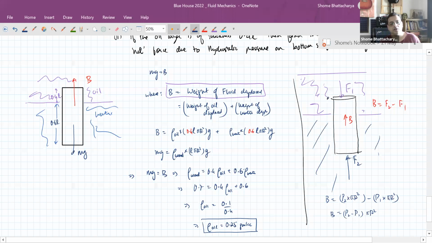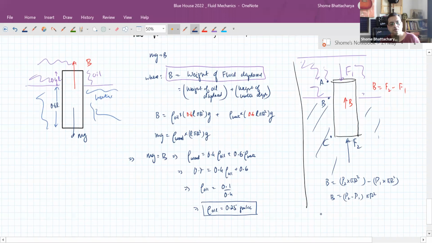Now if you take this point here as A, this point as B, and this point as C, you can understand the pressure differences. So pressure at B, for example, is equal to pressure at A plus density of oil into g into 0.4 m, because this height difference is 0.4 m and this height difference is 0.6 m.